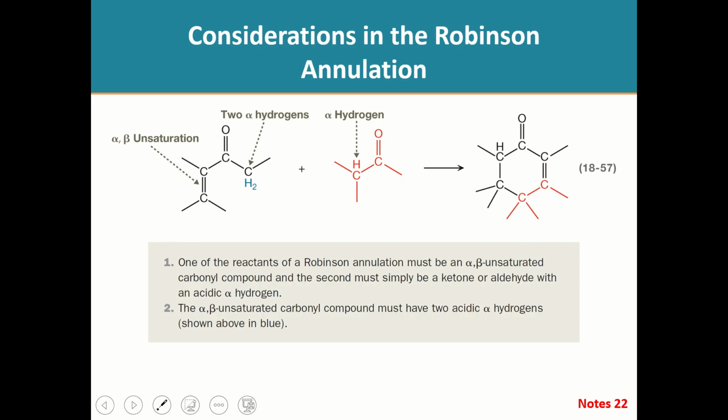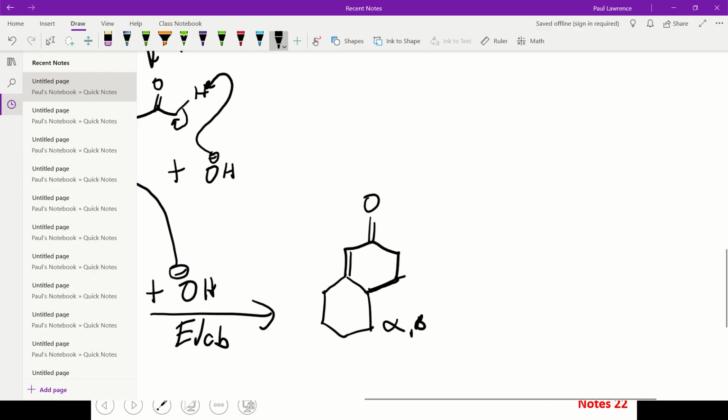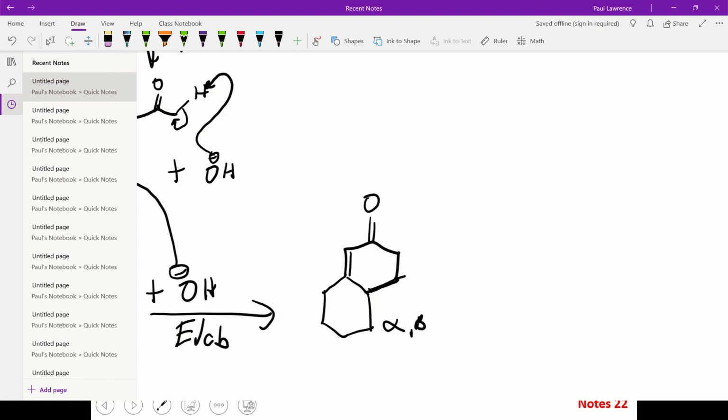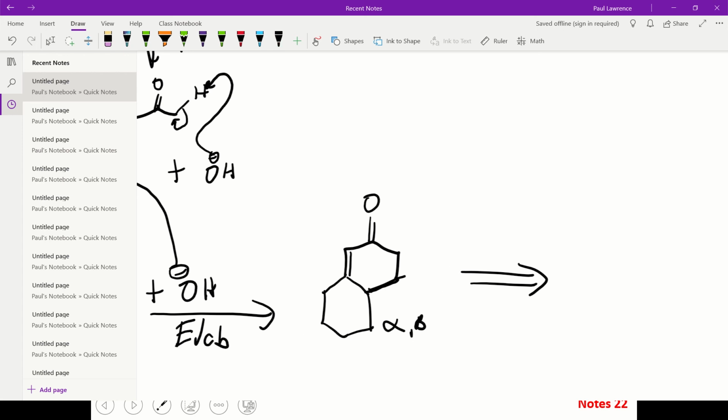Now I want you to be able to look at this molecule right here and analyze it retrosynthetically, and to see that you have this product, and tell me what two pieces it came from. So what do you have to do?